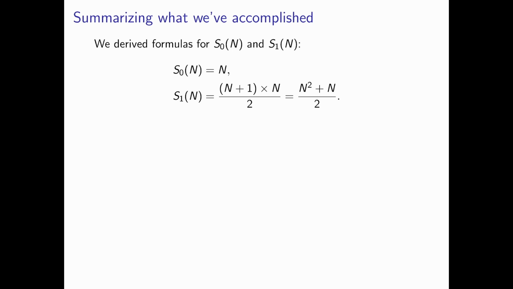Before moving on, let's summarize quickly what we have accomplished so far. So we derived formulas for s of 0 of n, which is just equal to n, and s of 1 of n, which is n plus 1 times n over 2, or if we expand it becomes n squared plus n divided by 2. Now, s of 0 of n, that wasn't very difficult to deal with, but s of 1 of n was quite interesting to work out.